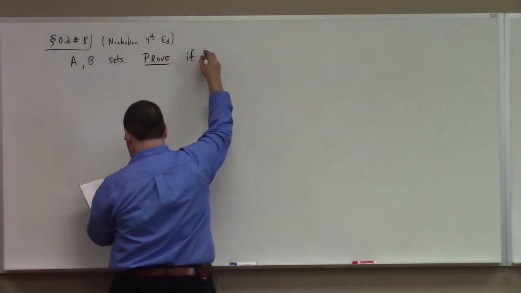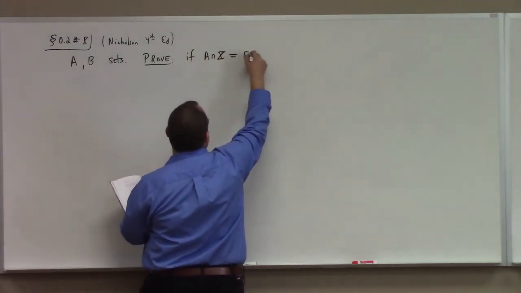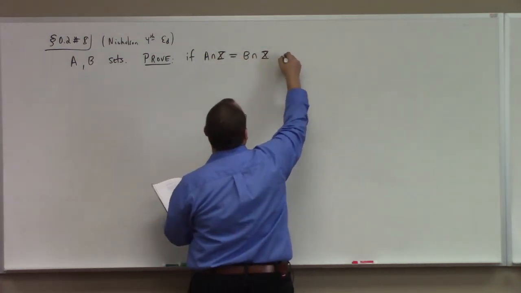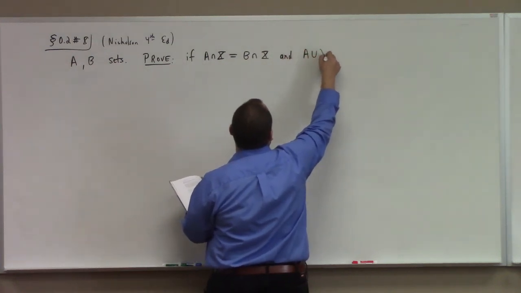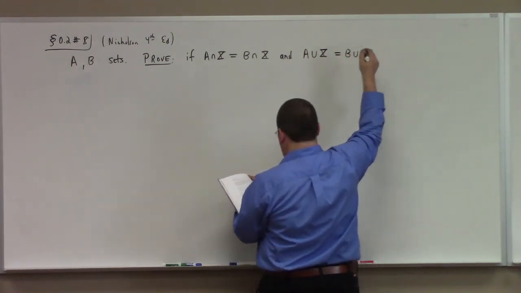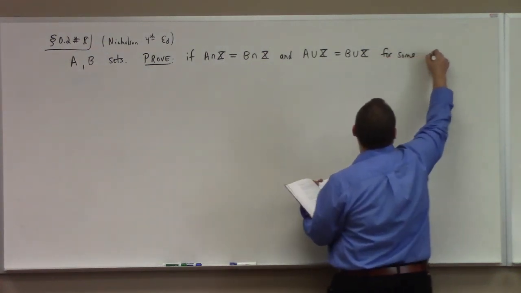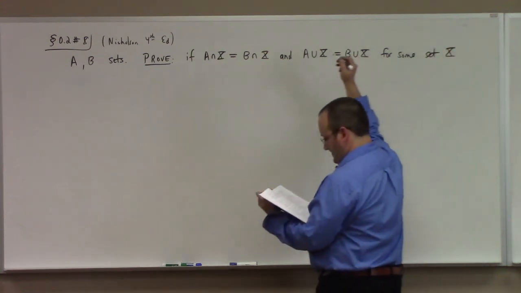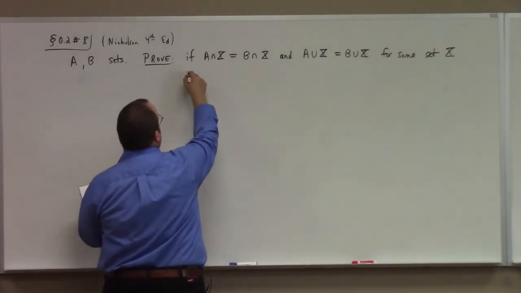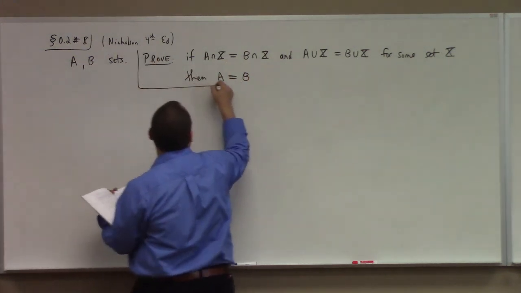If A intersect X is equal to B intersect X, and A union X is equal to B union X, for some set X, prove that A equals B. So that's the problem.